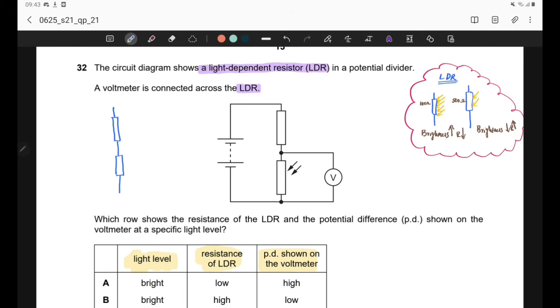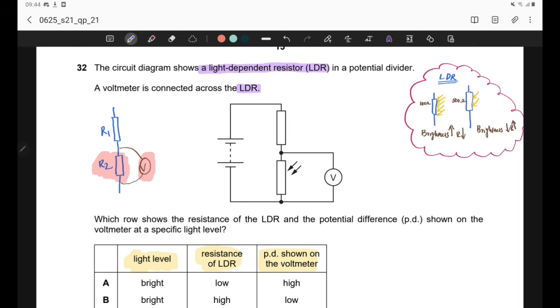Now we are going to connect a voltmeter across the second resistor. This voltmeter will read the voltage across the second resistor. Let the first resistor be R1 and the second resistor be R2. Now when the value of R2 increases, what will happen to the voltmeter reading? Will it increase or decrease?